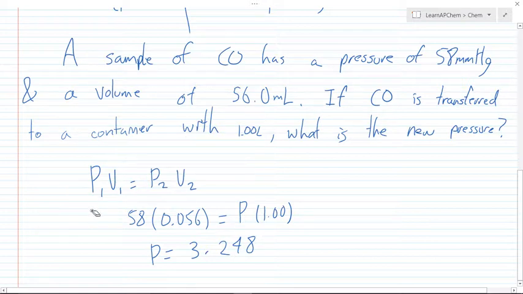Since P1 is in millimeters of mercury, that's what P2 is going to be. Torr is also fine, because 1 torr equals 1 millimeter of mercury.